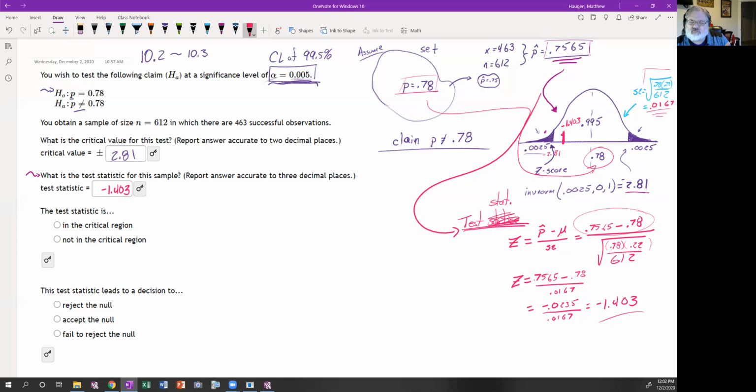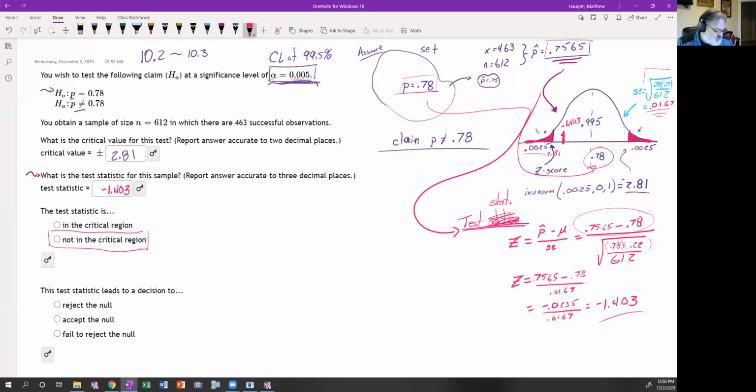Fair? So is it in our critical region? Our critical region, you have to remember, is the bad place. The bad place if you're the null hypothesis, good place if you're the alternative. Hard to say which one's better, but that critical region is the part outside. So is it in that critical region? No, it is not.